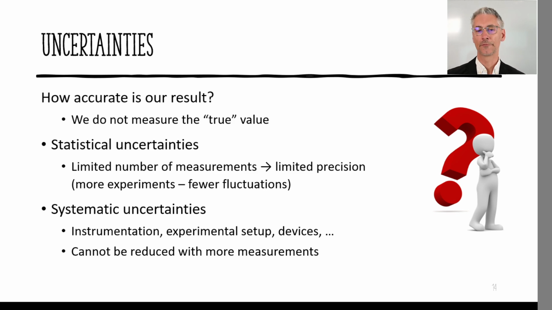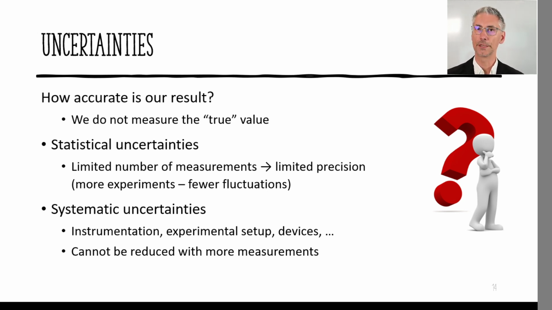But we also have a number of systematic uncertainties, for example, due to our instrumentation, our experimental setup, and the devices and tools that we use. And they cannot be reduced with more measurements because they're inherent in our experimental setup. If we find that our systematic uncertainties are very large, we need to think about how we can change our experimental setup.